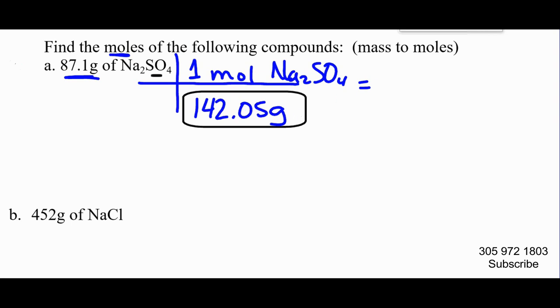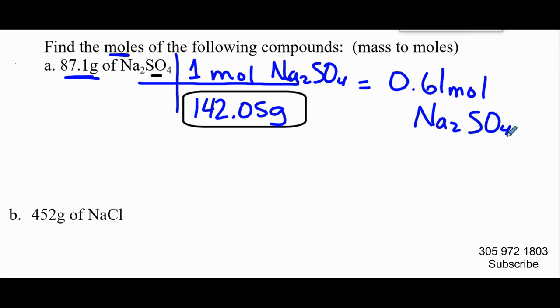My answer is very small, 0.61 moles of the compound, which is Na2SO4. That is part A of this question.